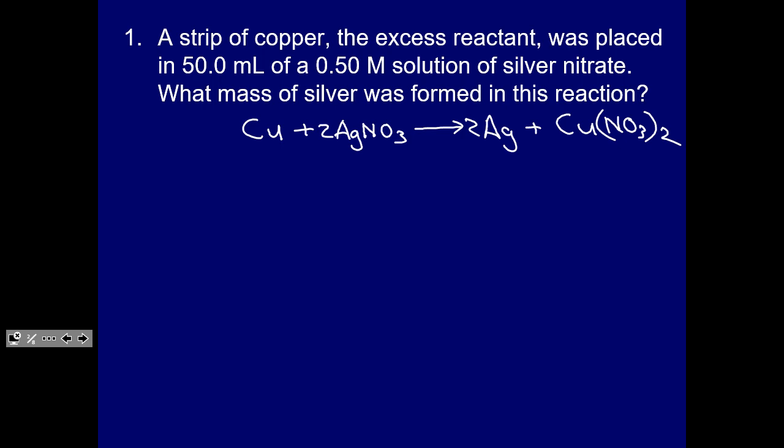50 milliliters. Remember, our first line was for grams or entities, but now it's also for volume, 50 milliliters. And we want to find the mass of silver. Now, just like before, arrow down, convert to moles with our equation.